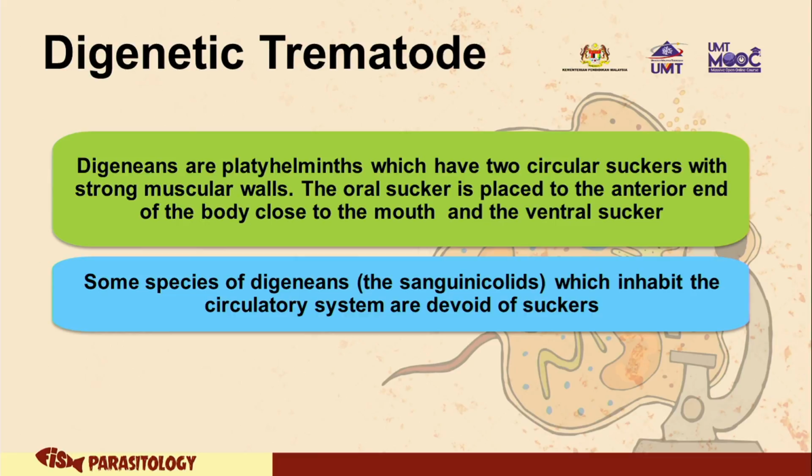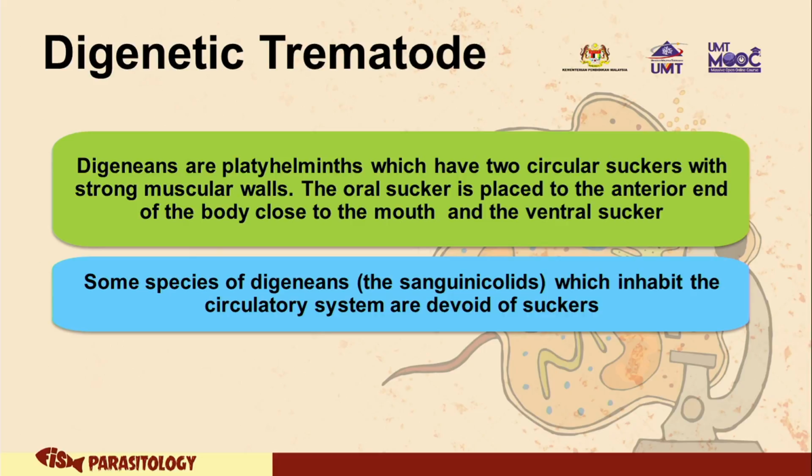Digeneans are platyhelminths which have 2 circular suckers with strong muscular walls. The oral sucker is placed at the anterior end of the body, close to the mouth, and a ventral sucker.